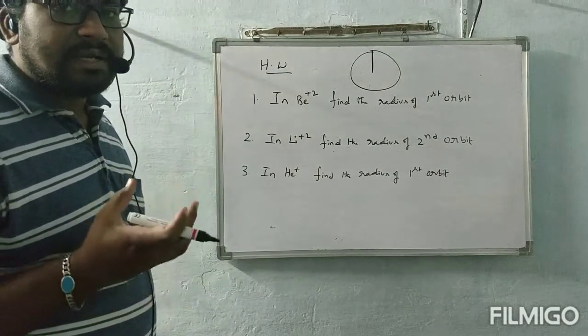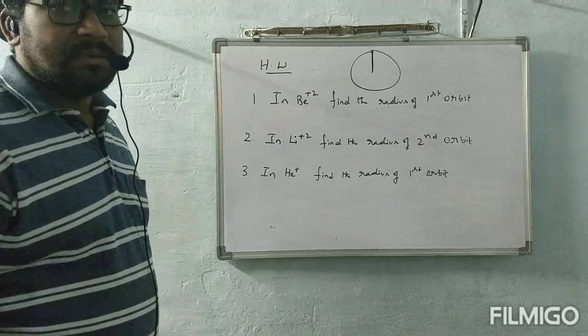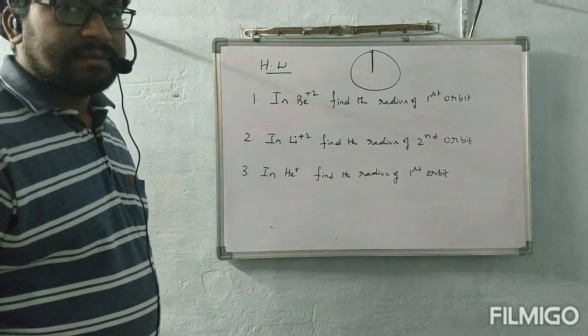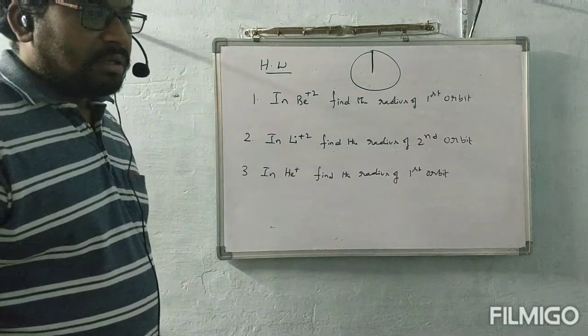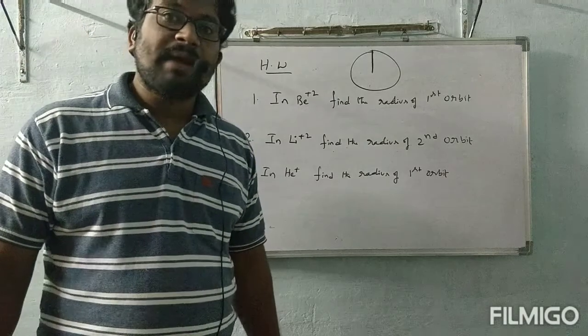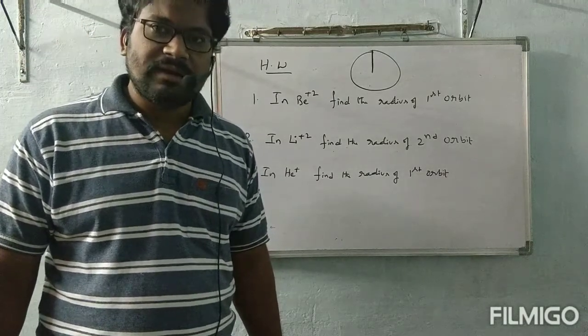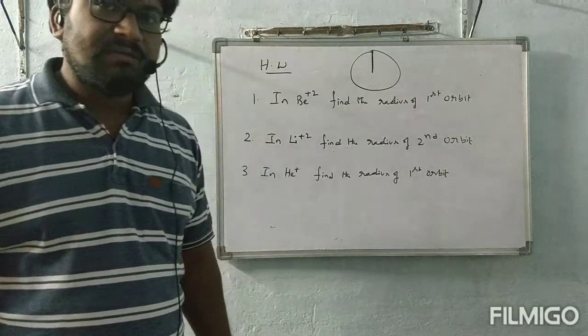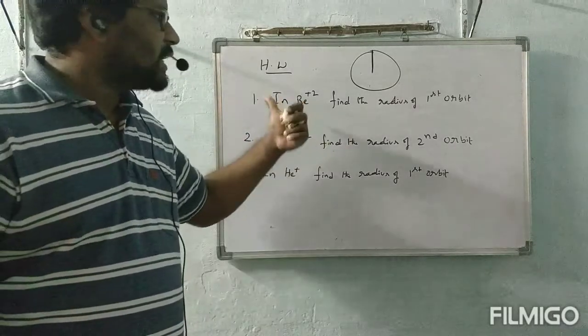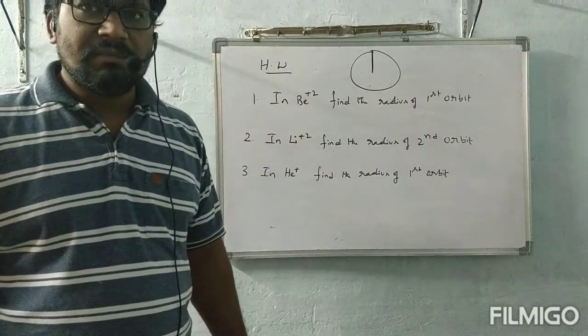That shows how great an explanation was given by Niels Bohr, even without conducting an experiment, using only mathematical calculations and physics. He successfully calculated the radius of nth orbit for any atom. This is the second successful explanation given by Niels Bohr.